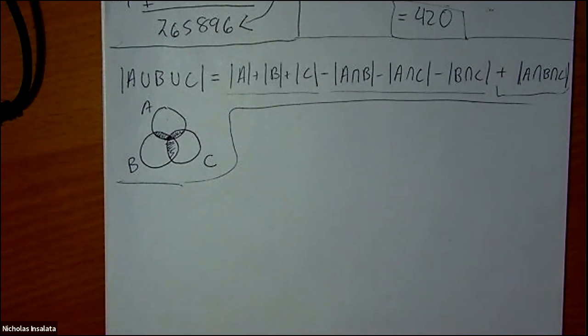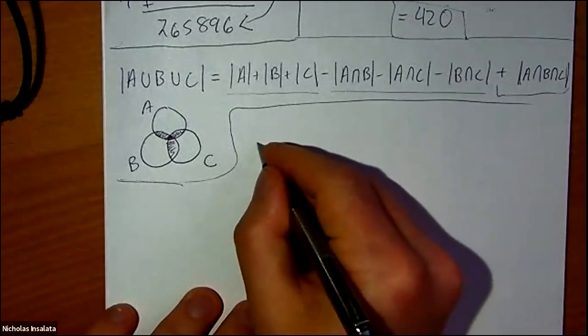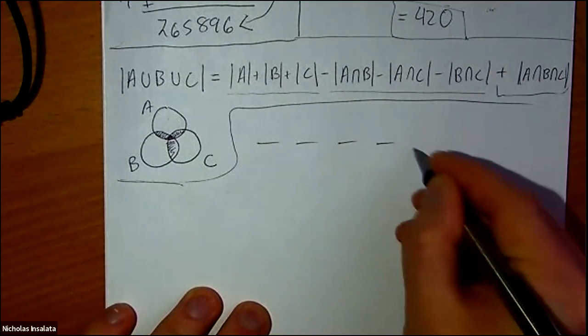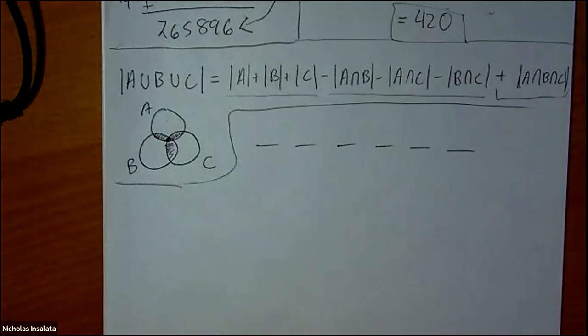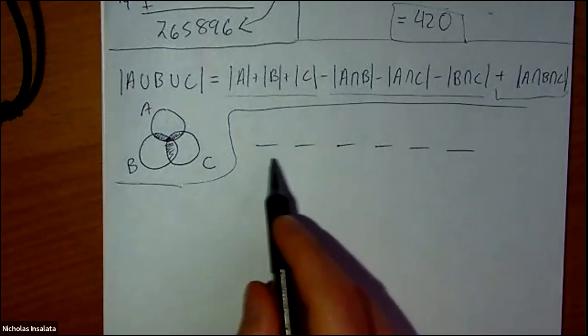Okay, so let's start out with kind of a cute one. A company has 6 new employees that are going to be seated at 6 desks lined up in a row. So, okay, 6 new employees. They're going to occupy 6 desks.